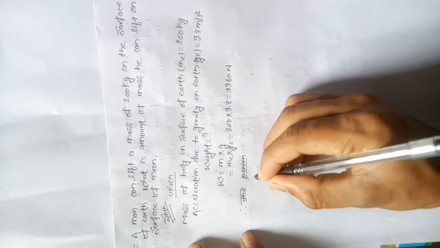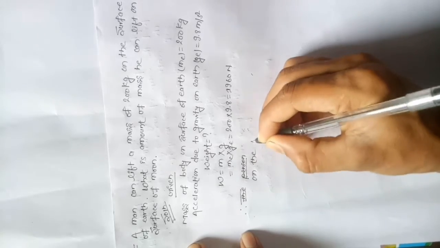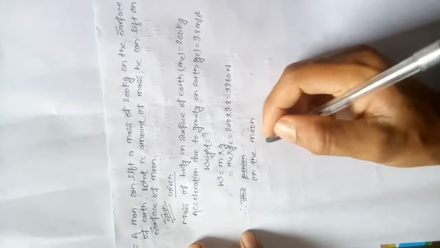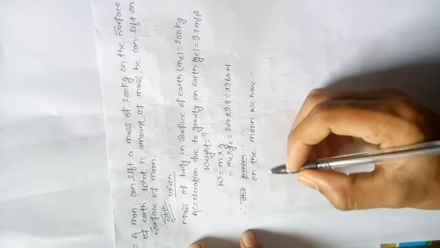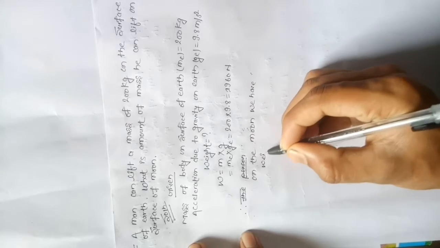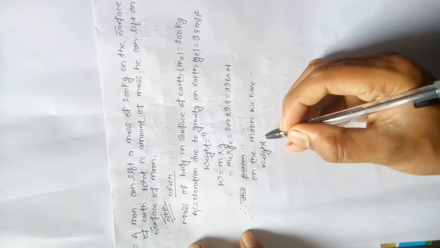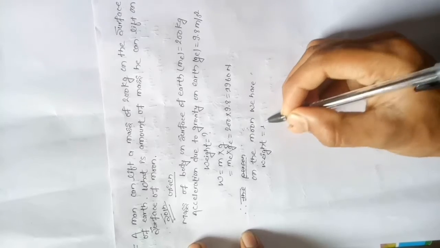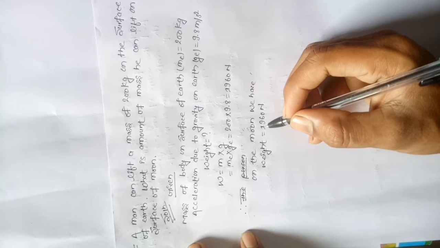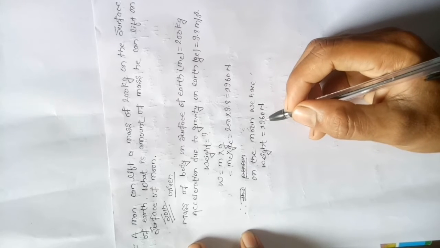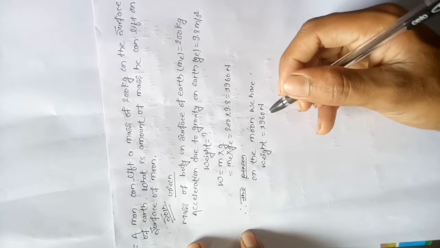Now we are talking about the moon. The weight on the surface of the earth is 1960 Newton. If a person lifts 200 kg on the surface of the earth, the weight is 1960 Newton.